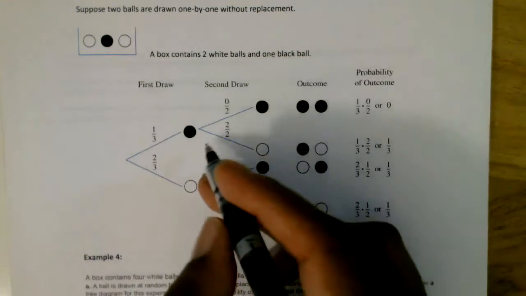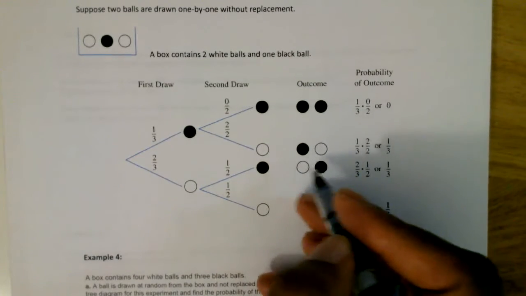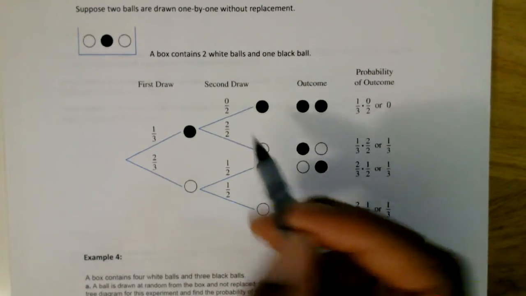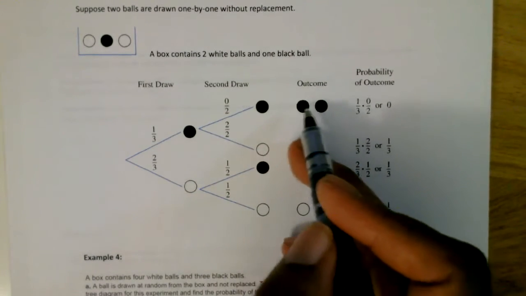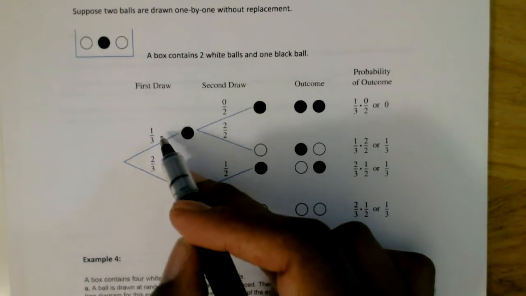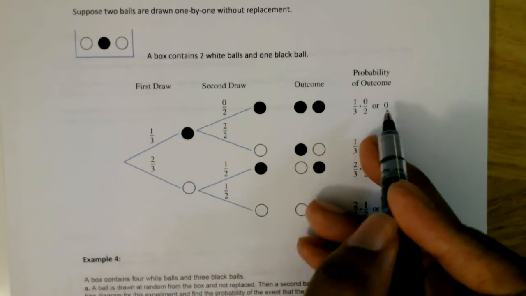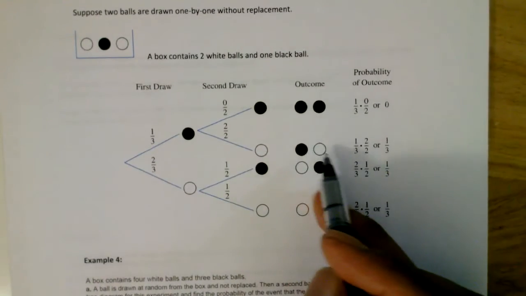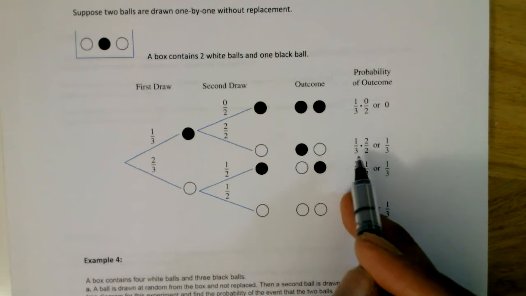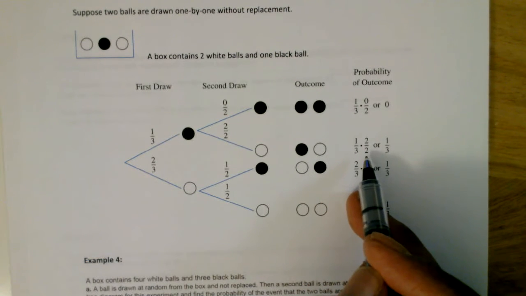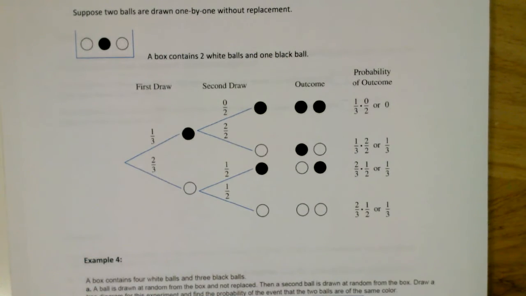And these are all the outcomes here along the branches of that tree. For me to draw 2 black balls, that probability will be 1/3 times 0 over 2, which is 0. For a black and a white, that probability will be 1/3 times 2 over 2, which will be 1/3.